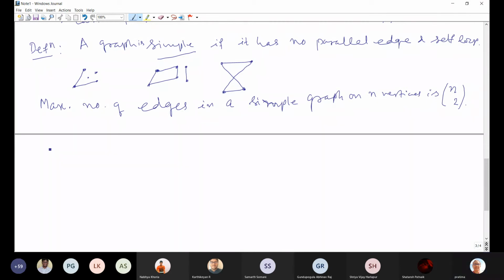So here a simple graph on n vertices and n choose 2 edges is called a complete graph.